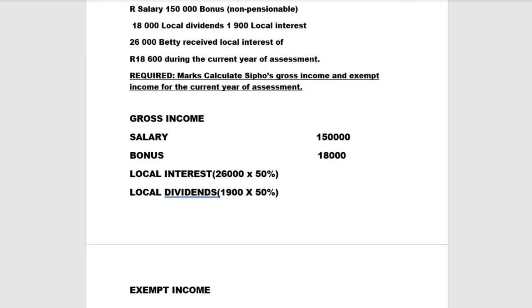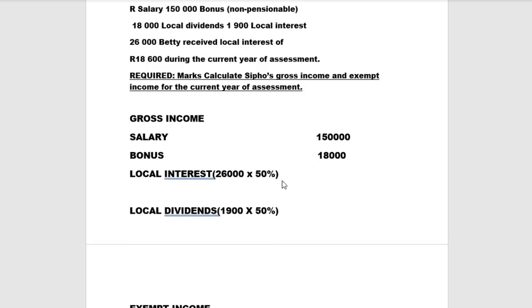The wife also includes the interest, just to make things fair. It will be shared equally amongst themselves. So you just say local dividends or local interest. That would include the wife. You multiply this by 50%, or you can just divide that by 2, because that will amount to half.